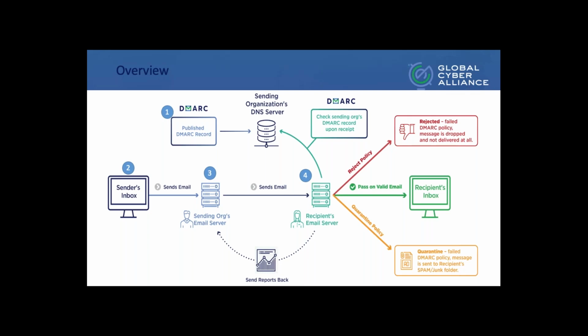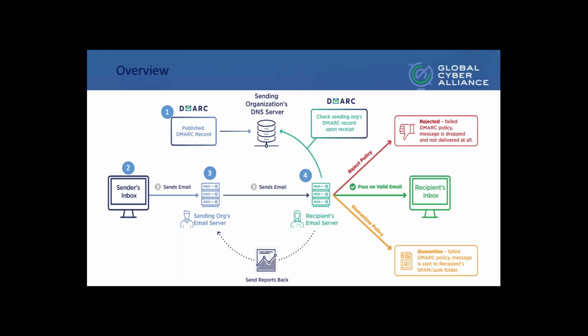Because remember, if you go to quarantine and things are failing, your messages are going to go into the recipient's spam junk folder. If it's at reject, the messages don't even get delivered. So that's why it's important that before you go up to quarantine or reject, you make sure everything is working as intended and as needed. And remember too, you don't have to have both functional.